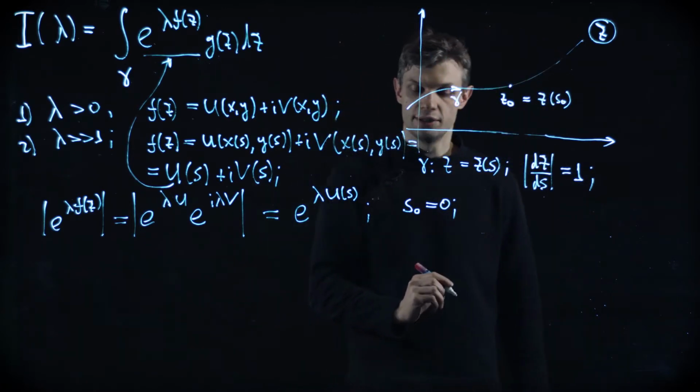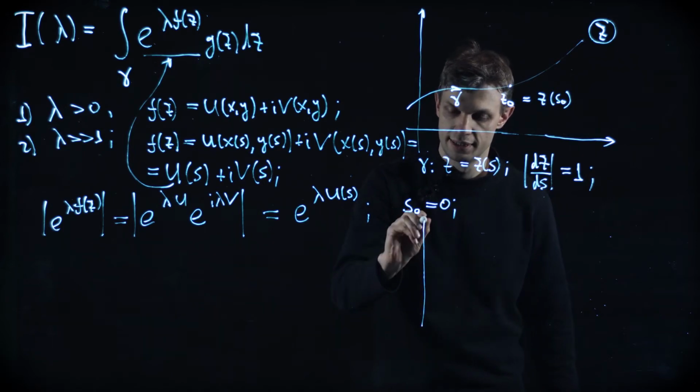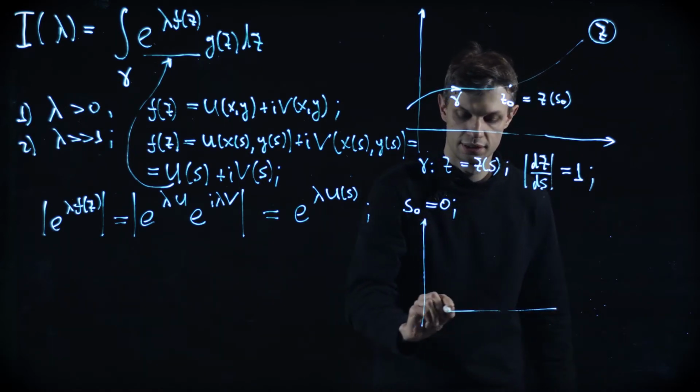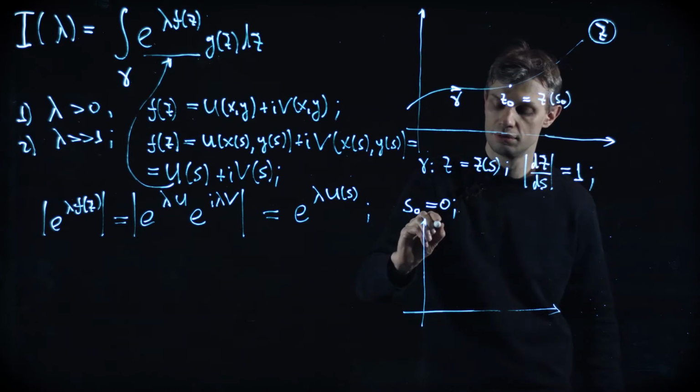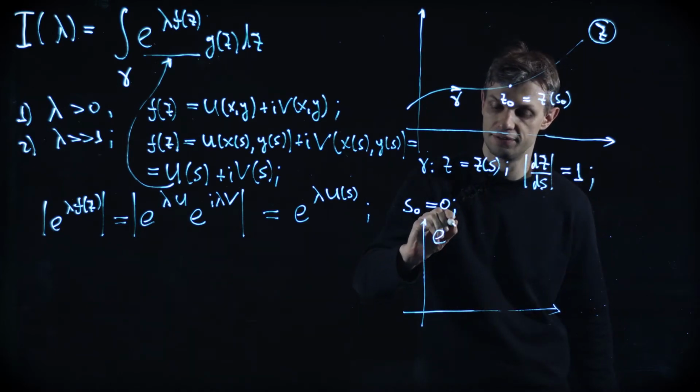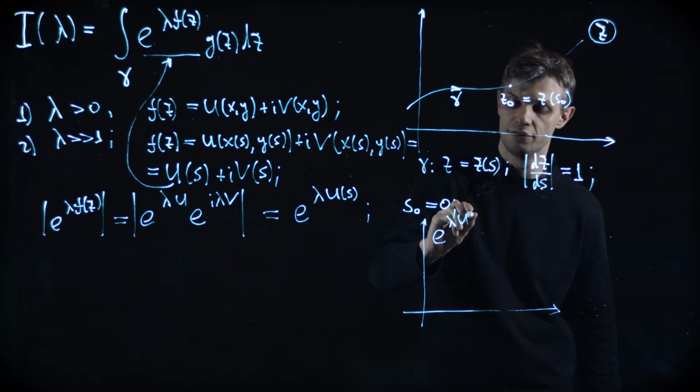All right, so now let's plot the exponential function e to the lambda u of s.